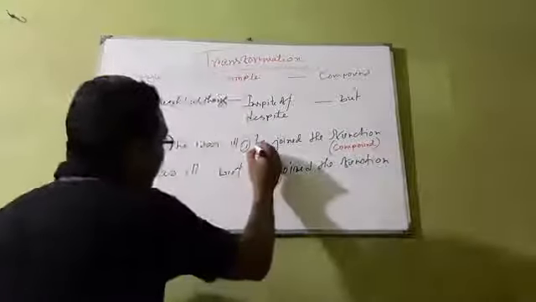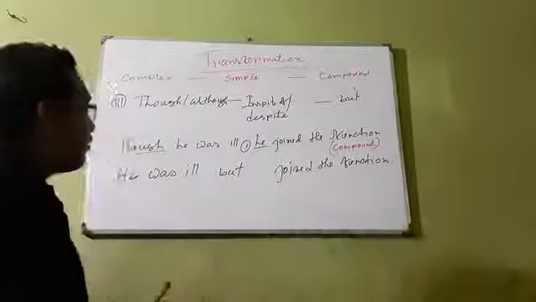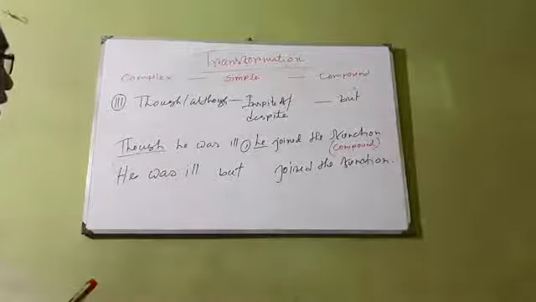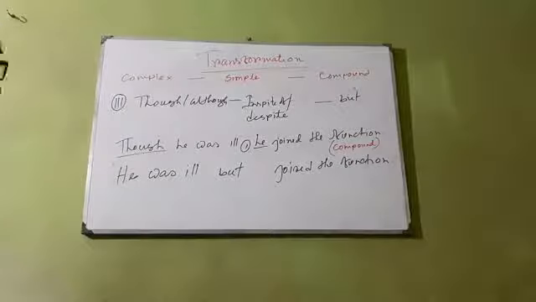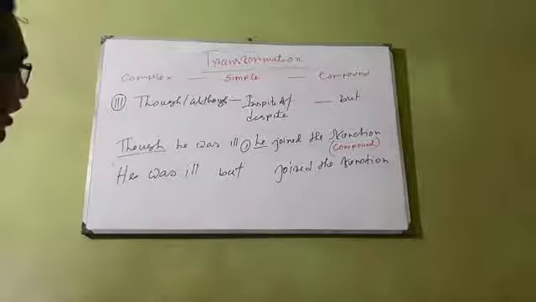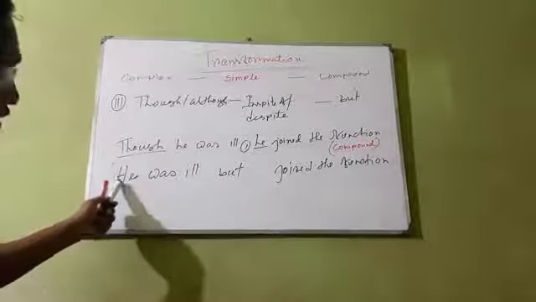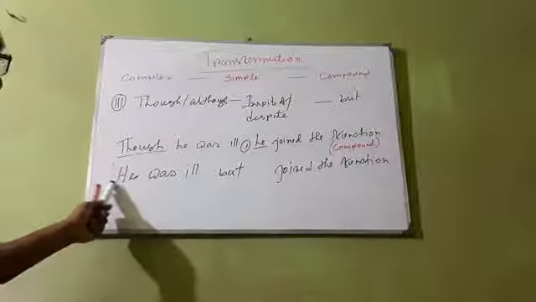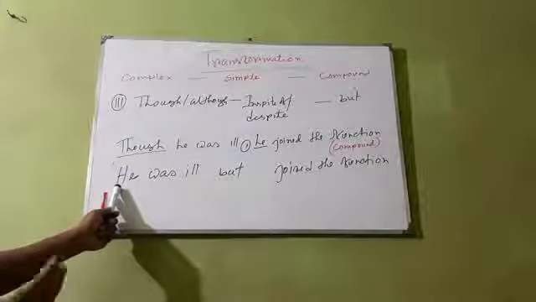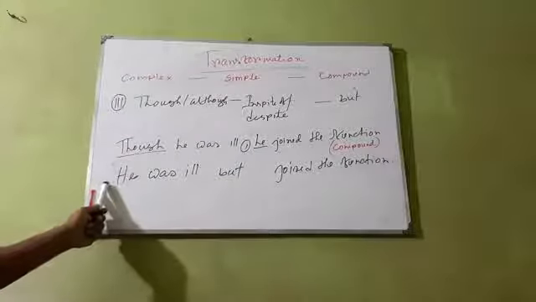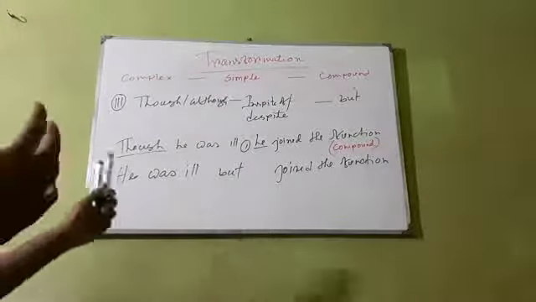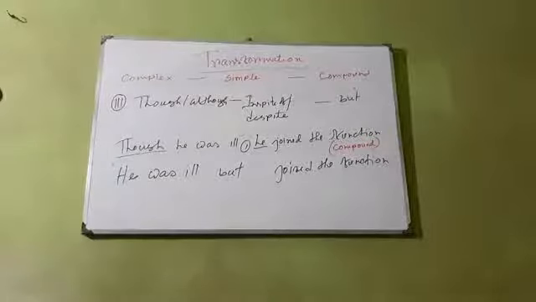Look, we have omitted the word he. That means the subject of the second clause, because in the first clause we also get the same subject, and we have already learned that we can leave a subject if the subject is the same in both of the clauses.